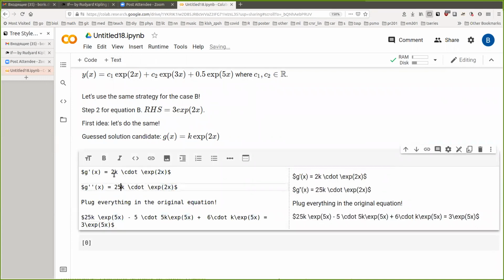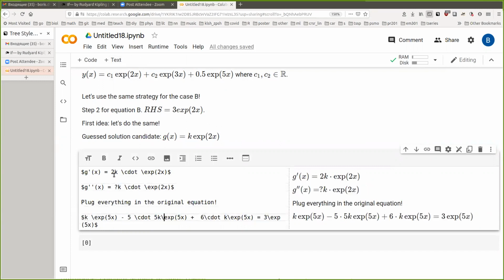The second derivative will be not 25, but how many? Four. Yeah, it will be 4, 6 times.